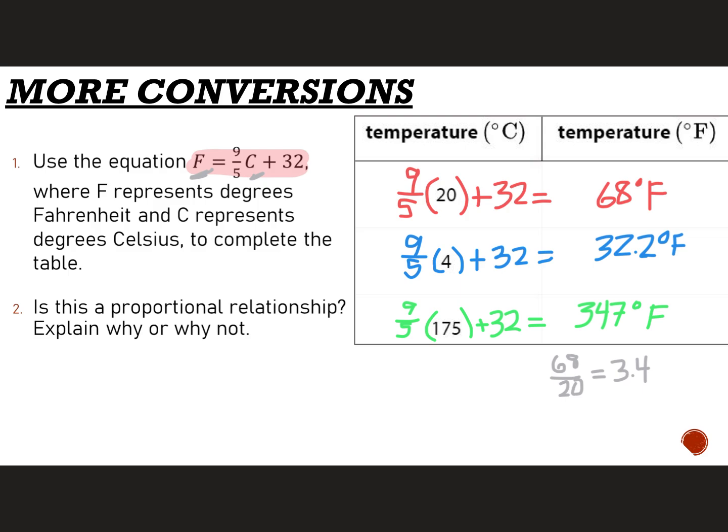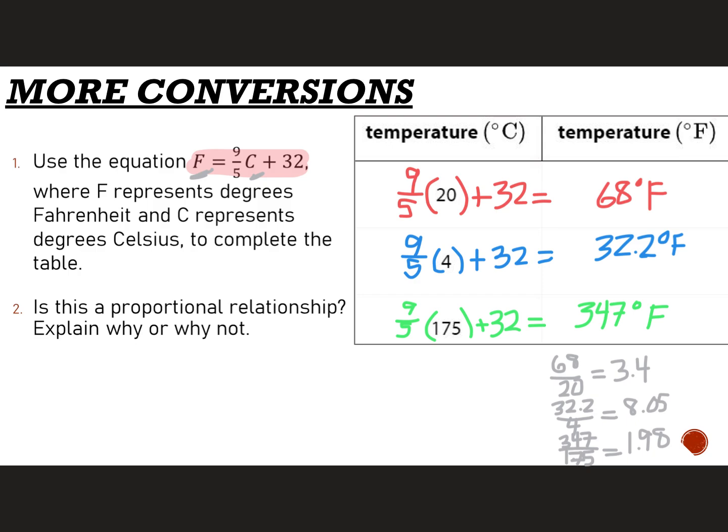And then you would take 32.2 and divide that by 4, and you get 8.05. And finally, if you wanted to do all of them, you could take 347 and divide that by 175, and you get 1.98.